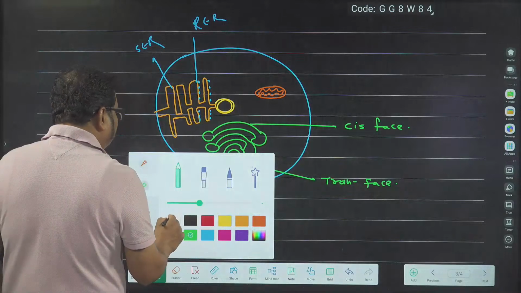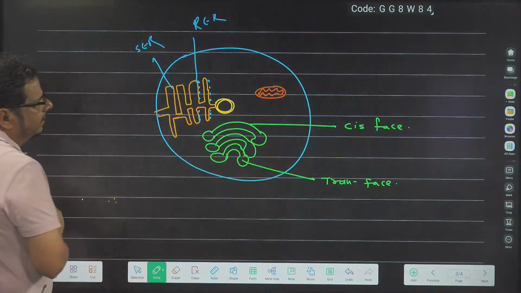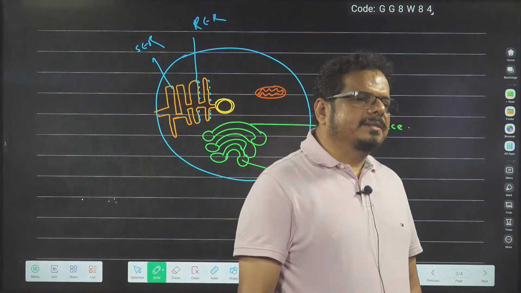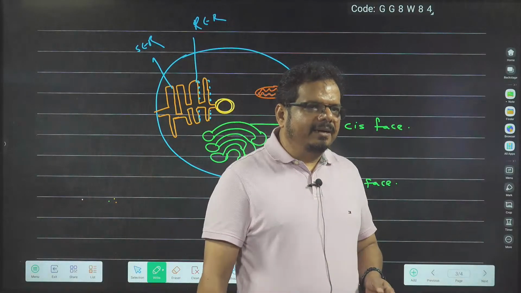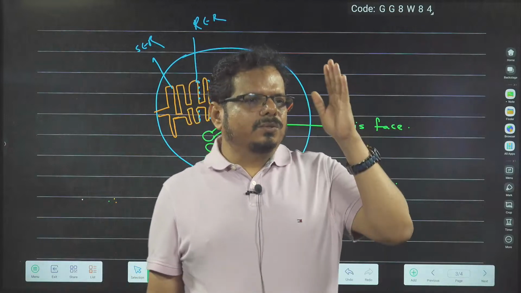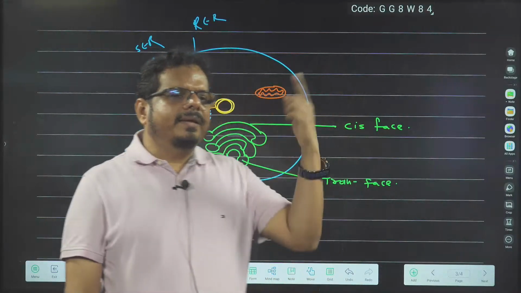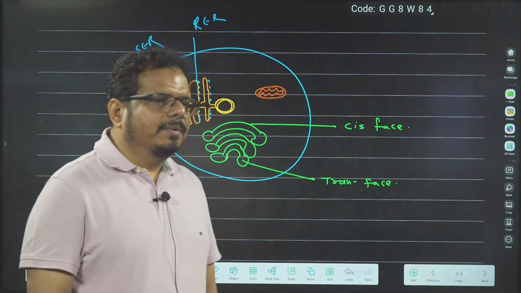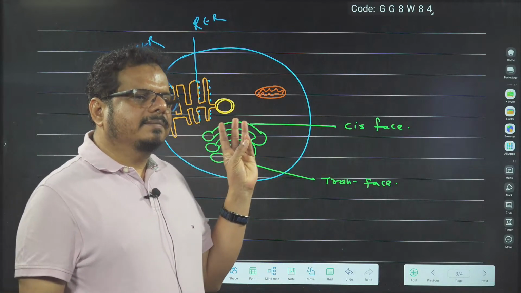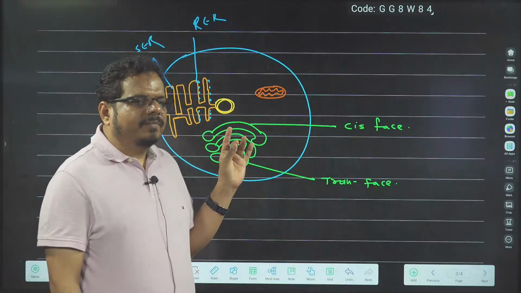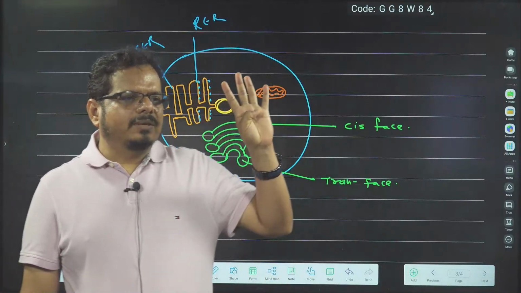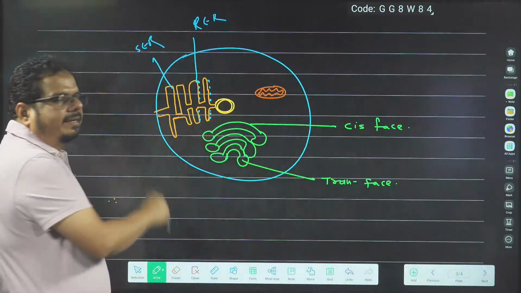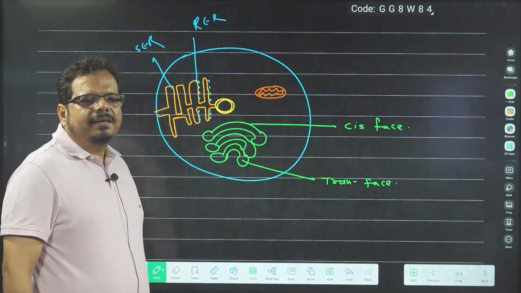Here you will understand how cell organelles work in a coordinated function. I told you that Golgi complex, ER, vacuoles and lysosome, these four cell organelles together form the endomembranous system because their functions are coordinated.